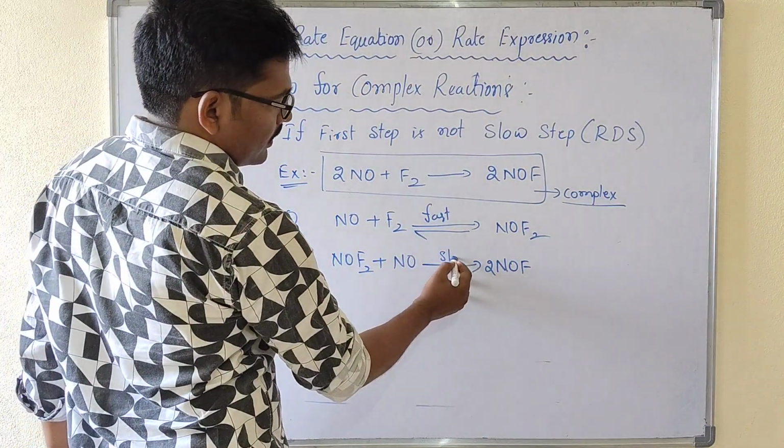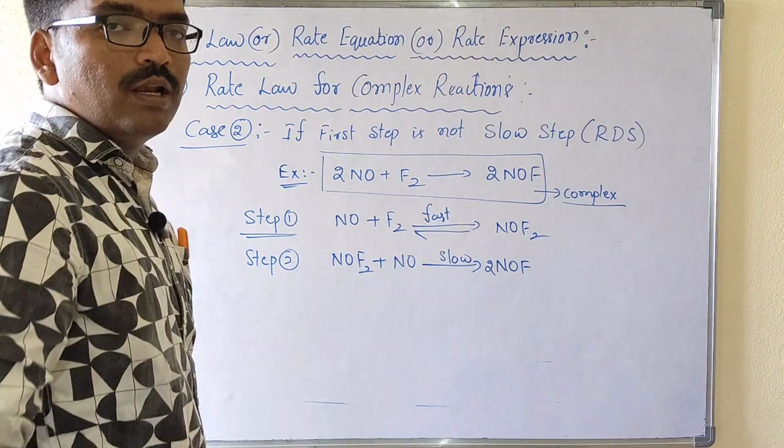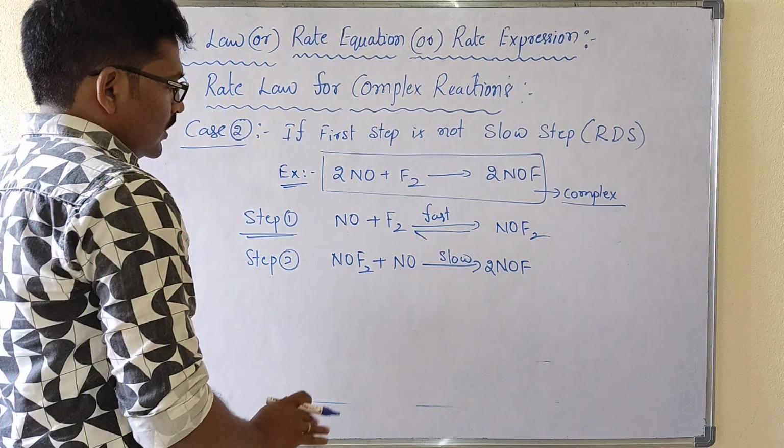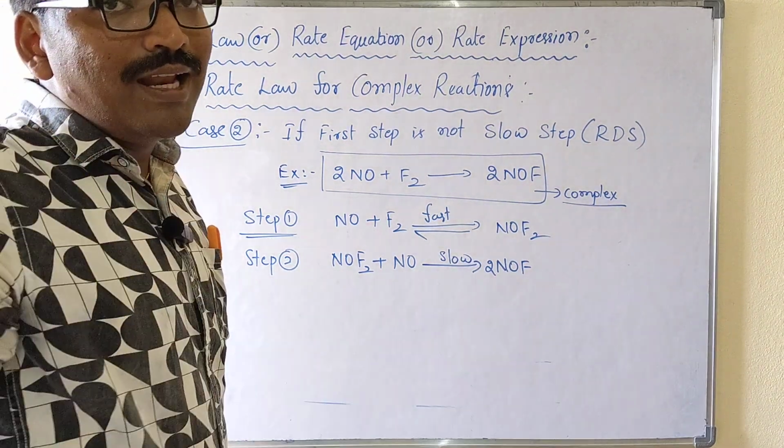This is slow step. See, first step slow step గా లేదు. ఫస్ట్ స్టెప్ స్లో స్టెప్ గా లేనప్పుడు సరే ఎలా తీసుకోవాలి? సో హౌ టు ఫైండ్ అవుట్ ద రేట్ లా?